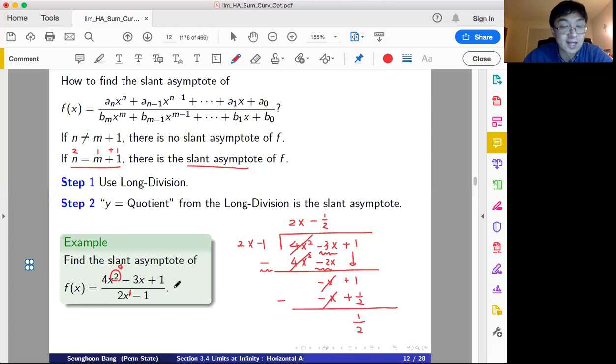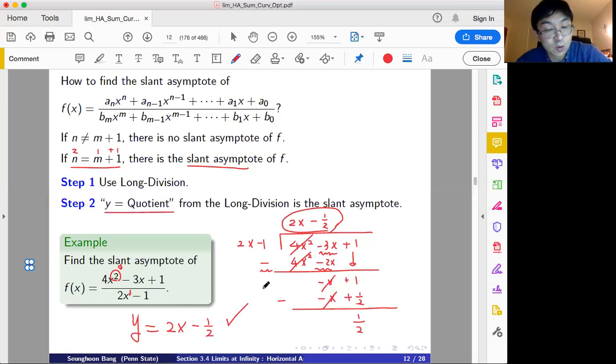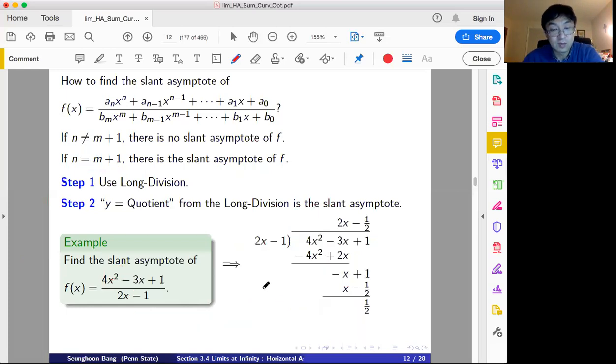So what is the slant asymptote? The slant asymptote is y equals the quotient, exactly. 2x minus 1/2. So that's it. This is the whole idea for solving this problem.